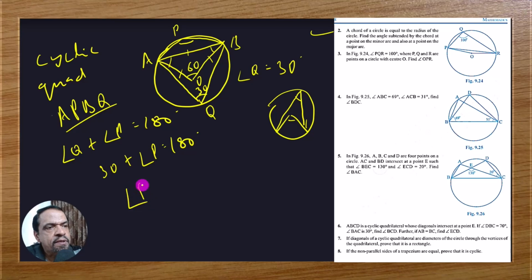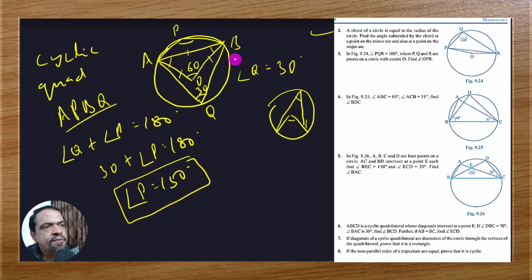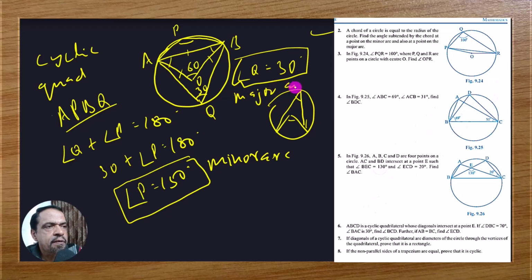So angle P will be 150. This is 30 degrees and this P is 150. P means the angle subtended at the minor arc, and Q means the angle subtended at the major arc. So always remember, at the major arc the angle is smaller and at the minor arc the angle is bigger.